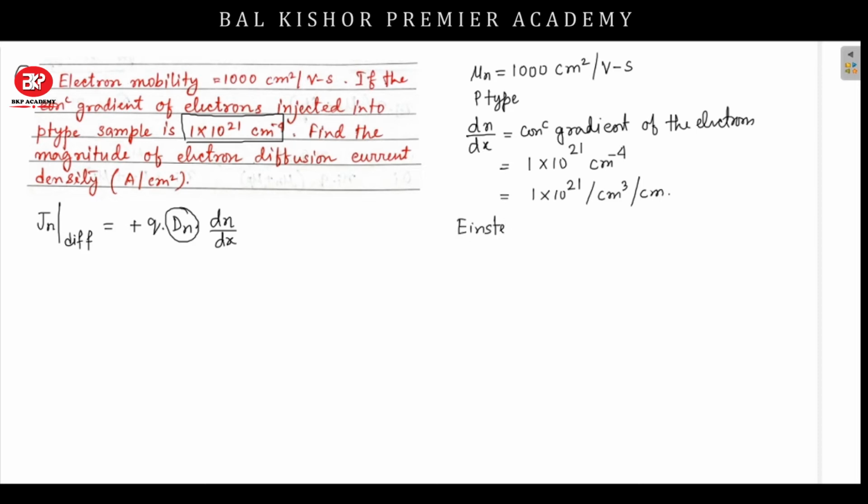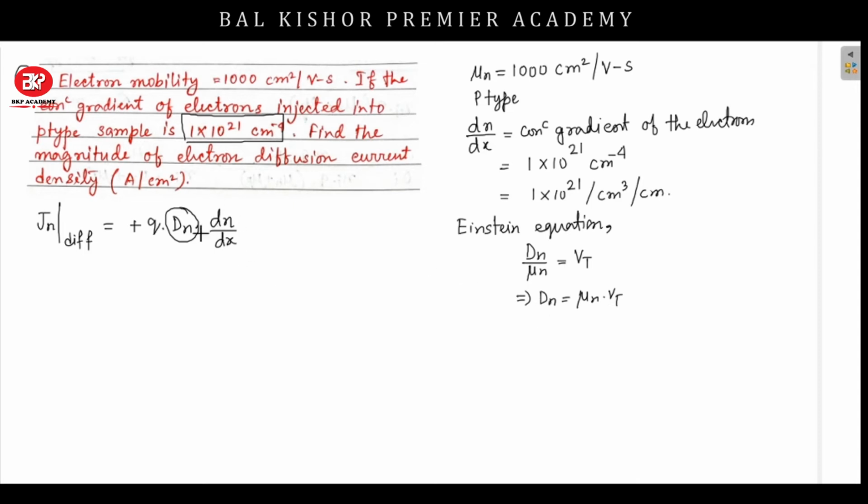If you remember the Einstein equation, you can see that Dn by mu n equals Vt, that is the thermal voltage. So from this we can find that the Dn value will be mu n into Vt.